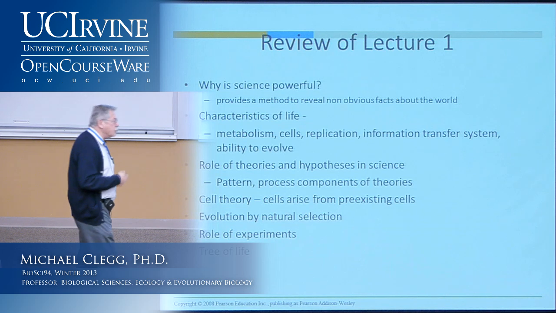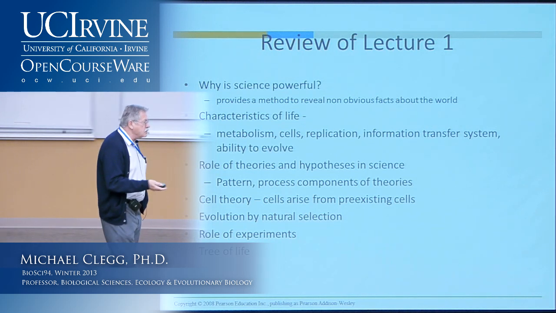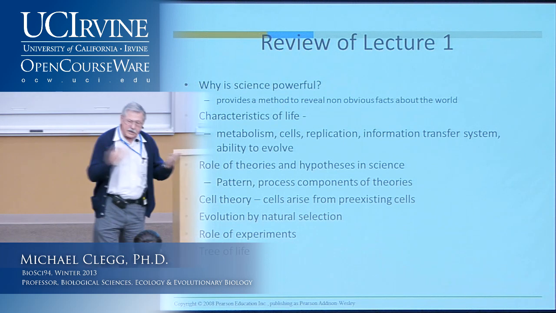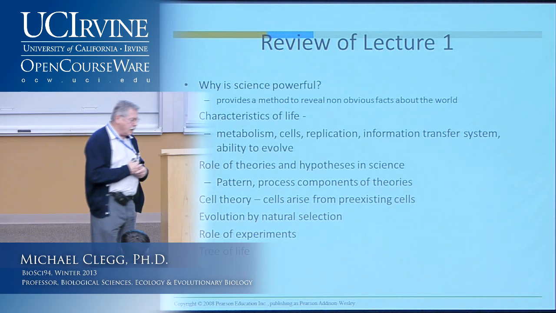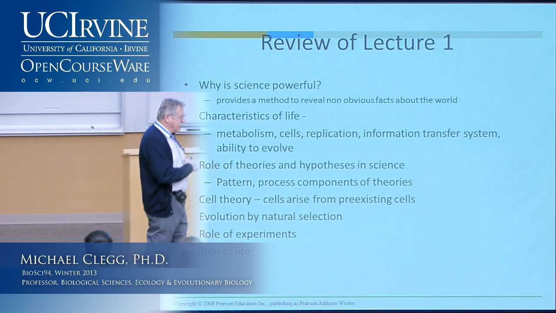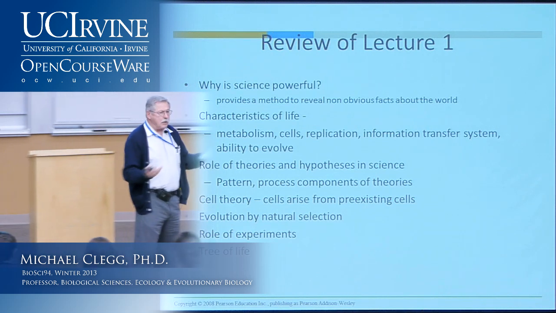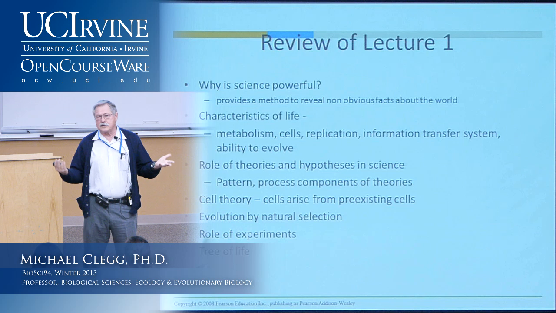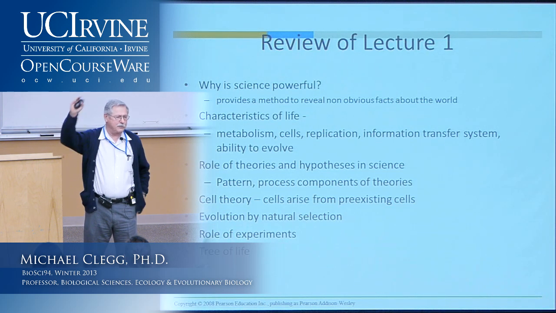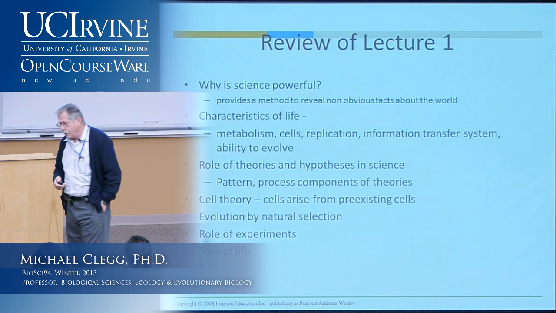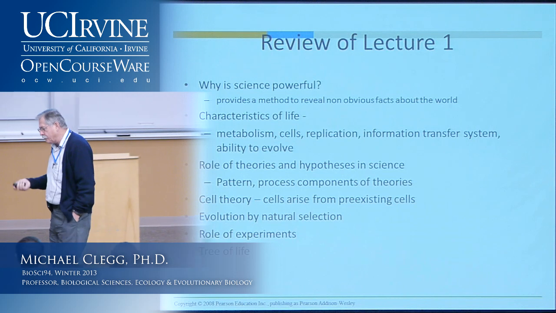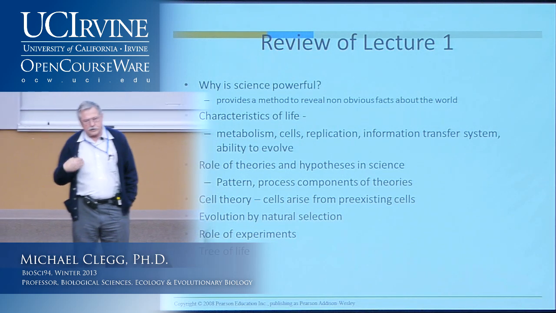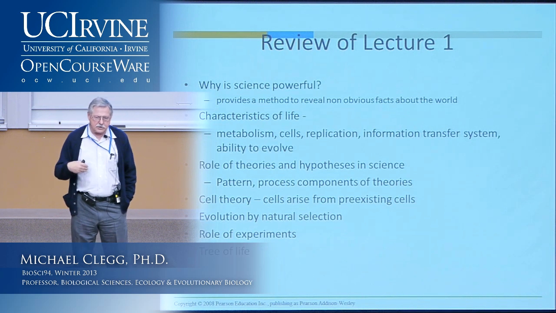We then turned to the role of experiments in biology, and we considered a couple of very simple experiments. Outside of Pasteur's experiment, we also considered some relatively simple observations that rejected the notion that the reason giraffes have long necks is because they feed from the highest parts of trees. And we looked at a kind of clever manipulative experiment to ask how desert ants actually find their way back to their nests.